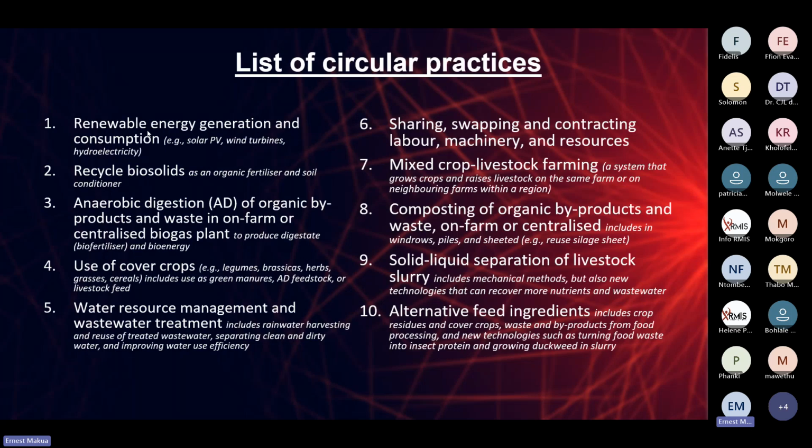And then the alternative feed ingredients, which include crop residues, cover crops, waste, byproducts, and so forth. So this one speaks to question number 7, because if you're using mixed crop-livestock farming, you ought to also allow your cattle to graze the crop residues on your farm, which is part of circularity.